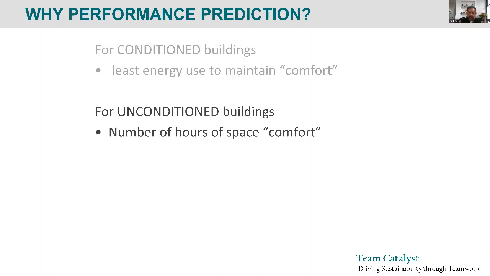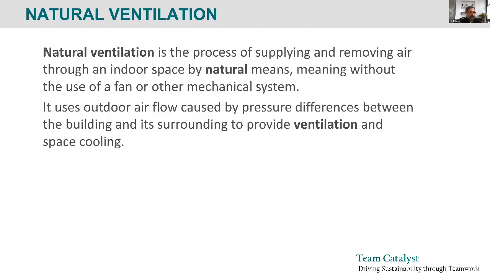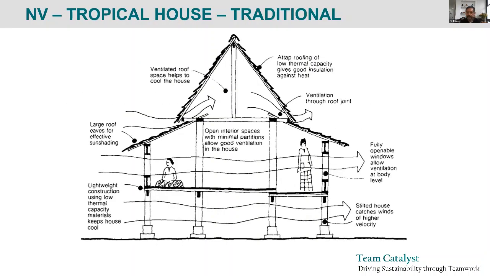Now, there's a difference in the way you look at naturally ventilated buildings as well. In the tropics, which is what this picture is, and I'm sure you find hundreds of these kinds of pictures on the internet, I picked this one up as well. In the tropics, what are you trying to do? You're trying to keep the sun off people.